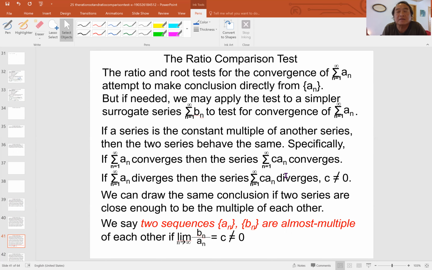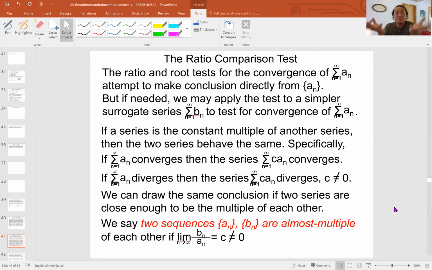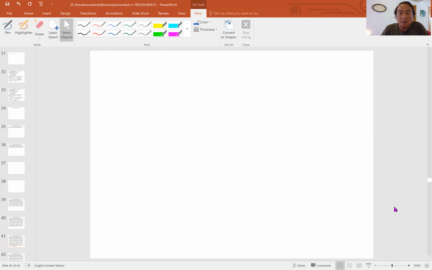But how do we justify this? We justify this using the ratio comparison test. We say two sequences are almost multiples of each other. If the limit of the term by term ratio becomes a constant c, then a_n over b_n is almost c, in this case, b_n is almost c times a_n. If I multiply a_n across to the other side, these two sequences are almost multiples.